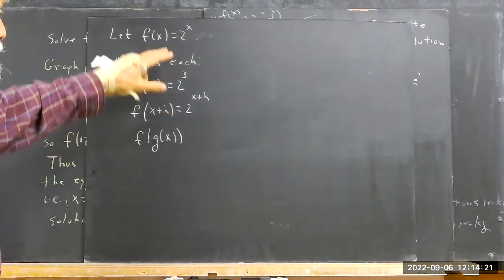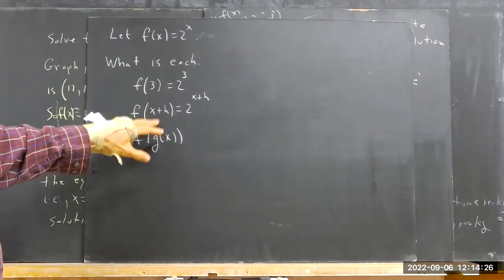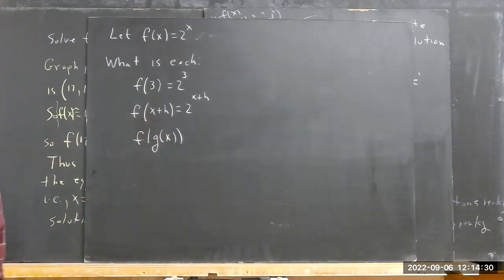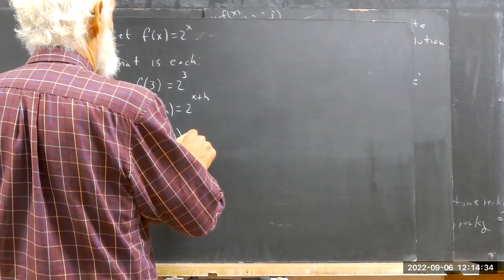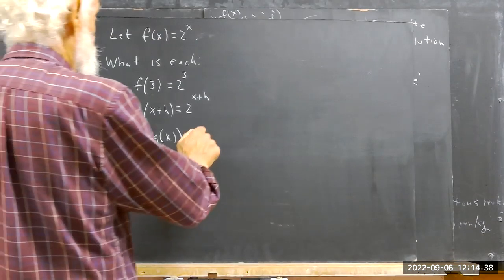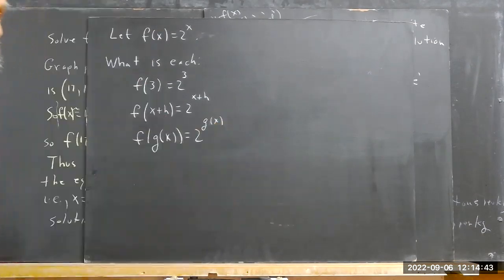Each of these is exactly like this, except with a different expression inside the parentheses. So then what's f of g of x? Well, x is being replaced by g of x, so that's 2 to the g of x.